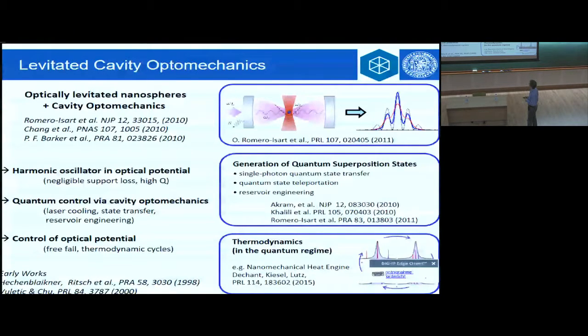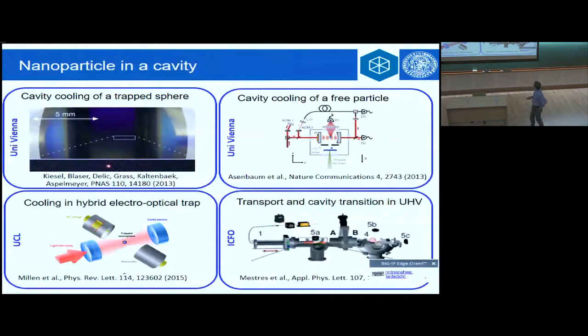So experimentally, cavity cooling has been done in several systems. One of these systems is ours that I'm going to talk about briefly, but also you heard Markus Arndt mention the experiments where the particles actually in vacuum fly through the cavity and are cooled in transition. As we heard, they can also now trap them.